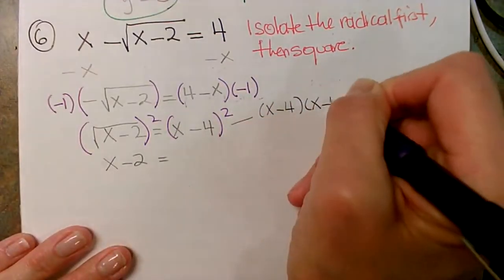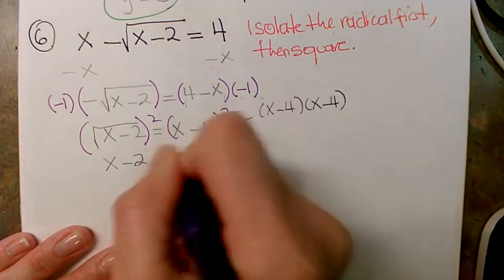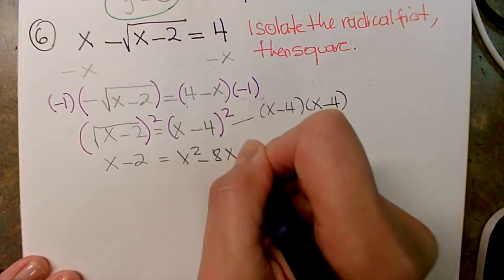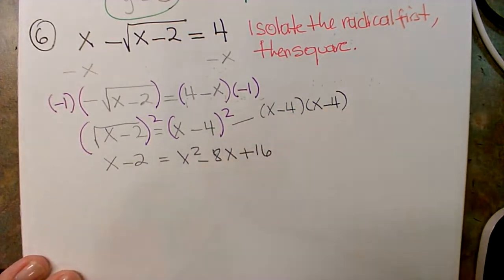When we multiply this, we get x squared minus 8x plus 16.